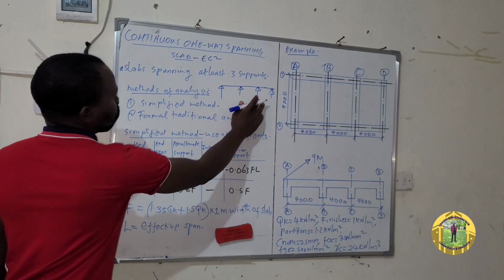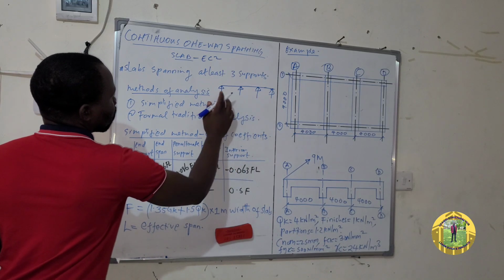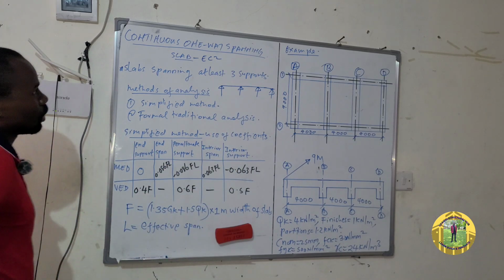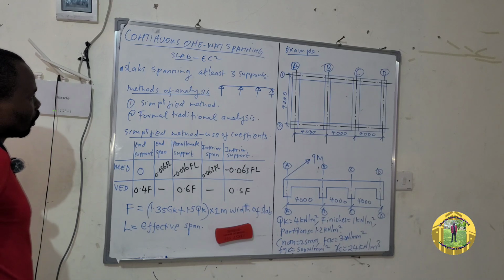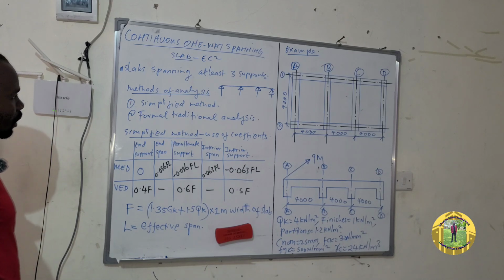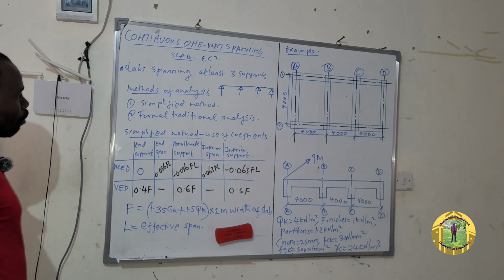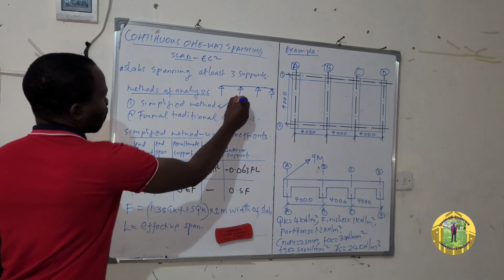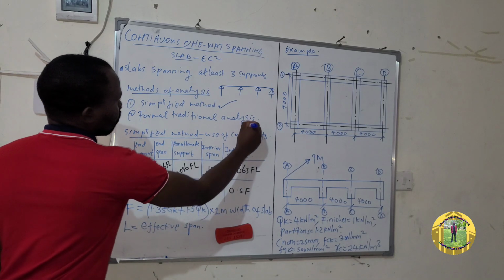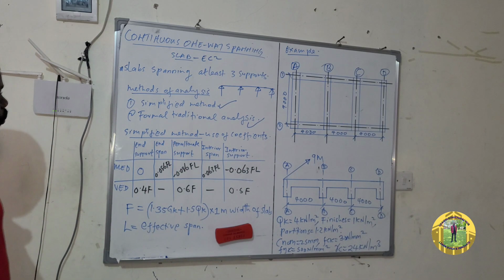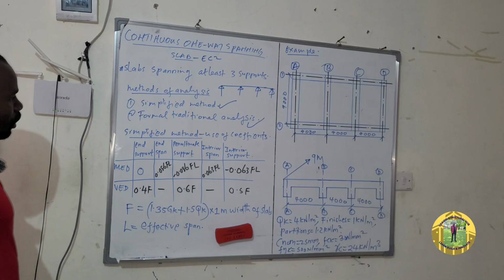So what are the methods of analysis? Before you design such a continuous one-way spanning slab, it is a must you know the method of analysis that you will use. These are the methods. Number 1, we have the simplified method, and then number 2, we have the formal traditional analysis. We will begin with the simplified method.